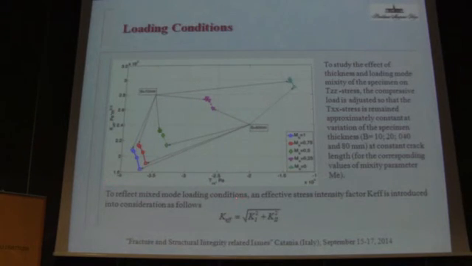To reflect the mixed mode loading conditions, the effective stress intensity factor is introduced in the configuration as follows. And it can be seen from this figure that the in-plane constraint parameter Txx is approximately constant for all cases.